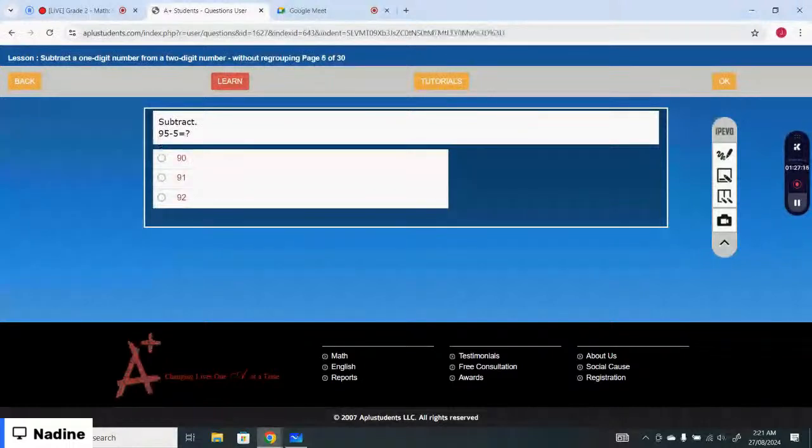The next one is 95 take away 5. So which is the correct option? The correct option is 95 take away 5 is 90.